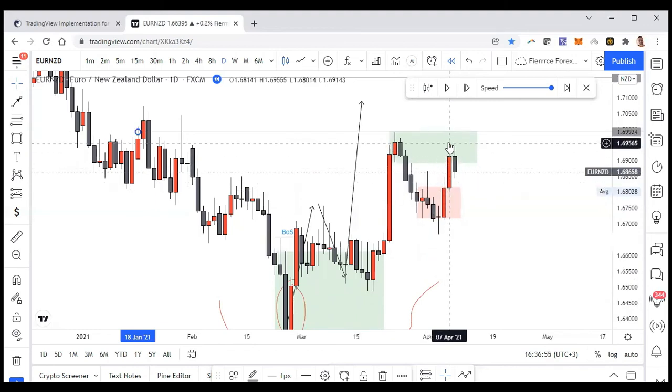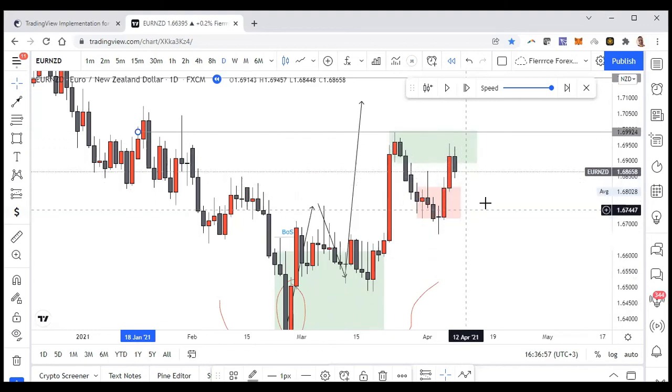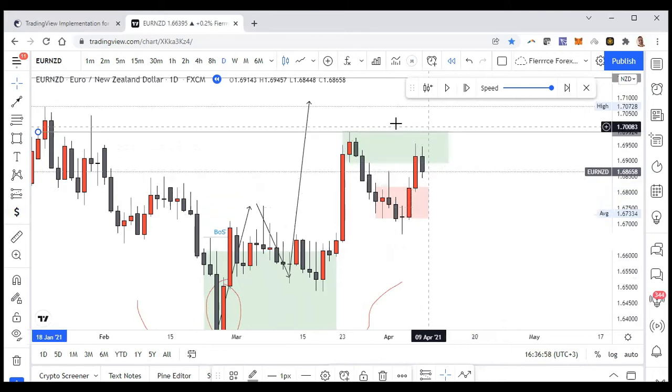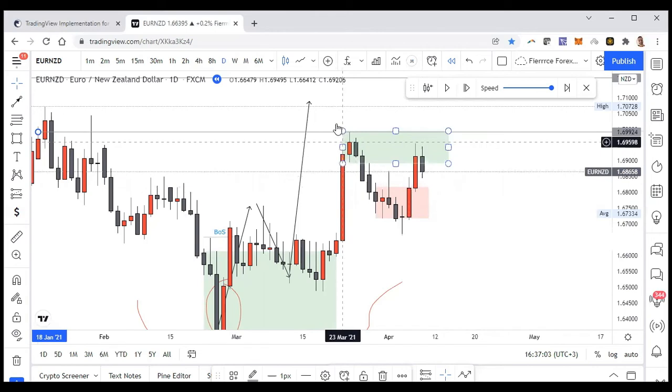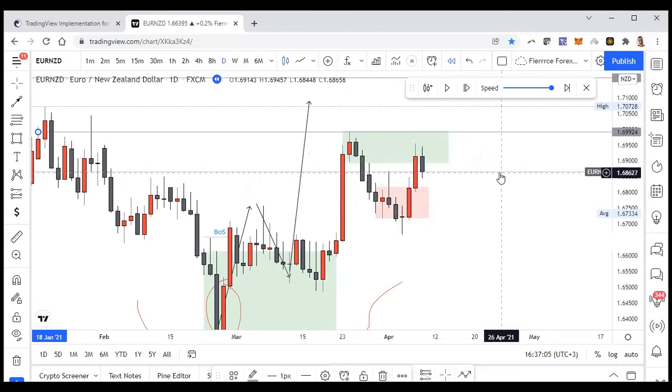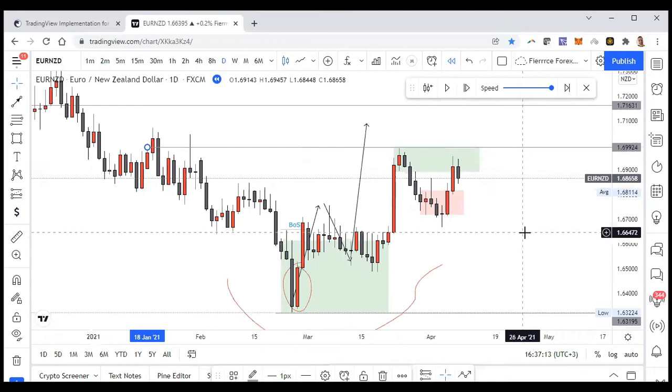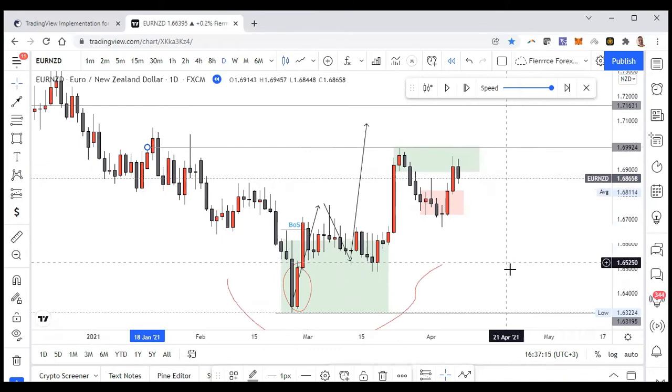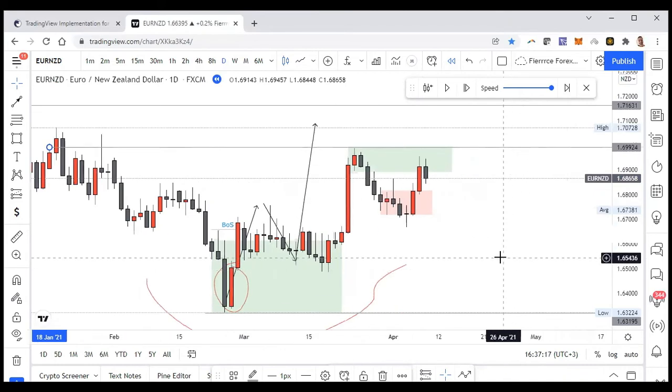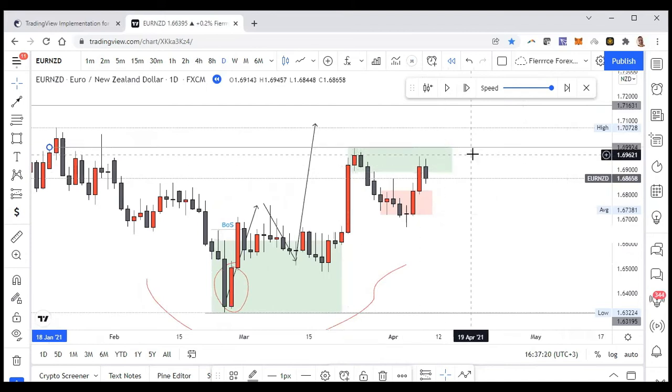It got into my zone, but rejected. So if I was waiting for it to get here, I would be in an unnecessary drawdown. But if I was trading from demand to supply to demand to supply zone and vice versa, my probability of hitting my target is higher. So I'm hoping that you guys are understanding what I mean by supply and demand. So this is a supply zone.